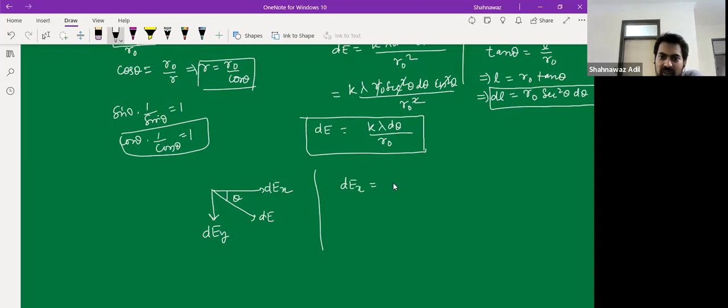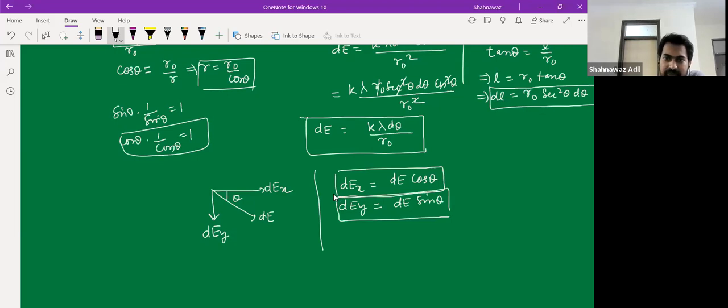What would be dEx? dE cos theta. Yes, so dE cos theta, and this dEy would be dE sin theta, right, guys? Now we will separately calculate this Ex and Ey.